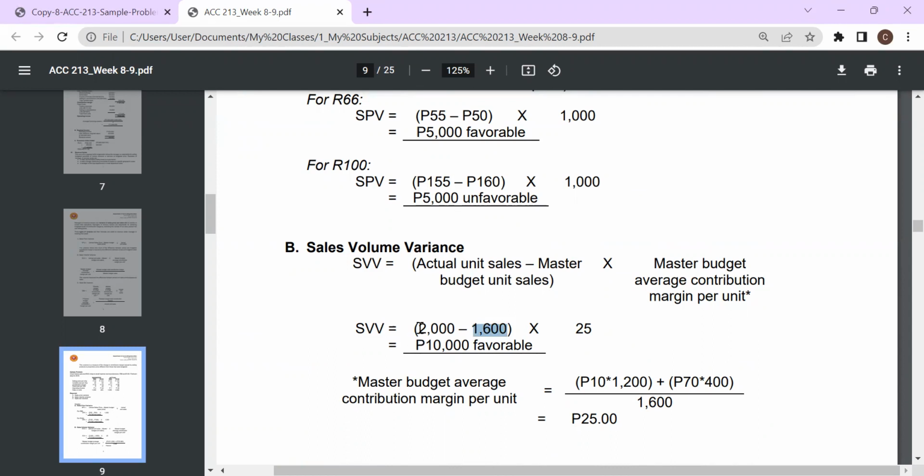So this is a favorable na variance. So you'll have 2,000 minus 1,600, so that's 400 difference in volume times the 25 pesos na master budget average contribution margin per unit. So you will have 10,000 na favorable variance. Again, favorable because actual mo mas marami compared sa na budget mo.